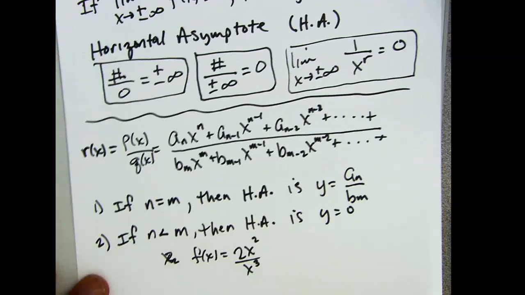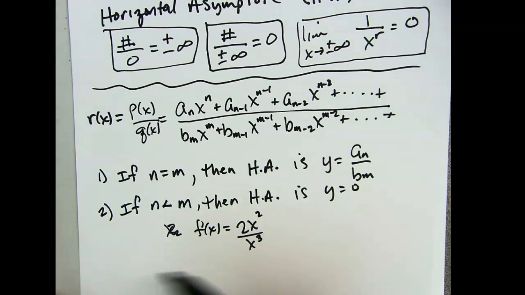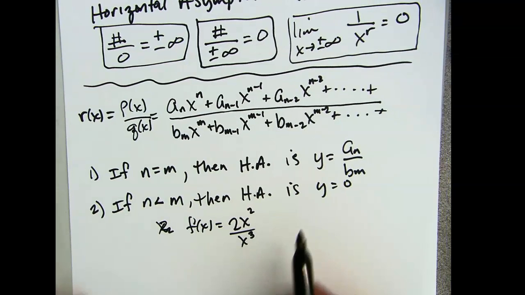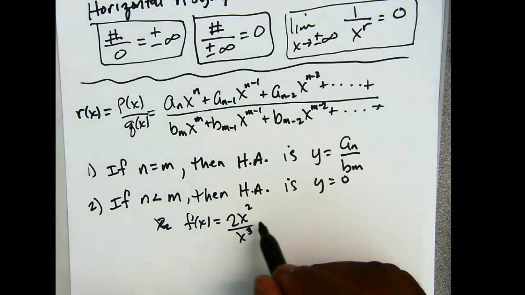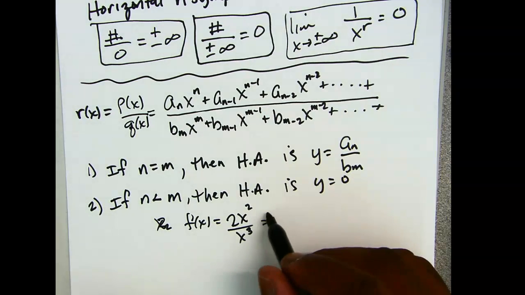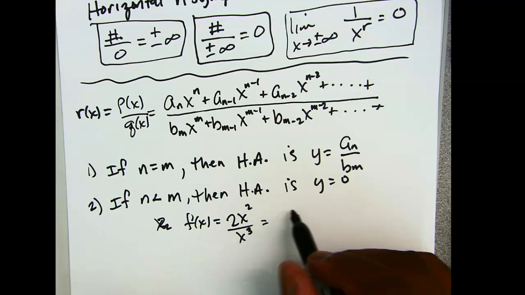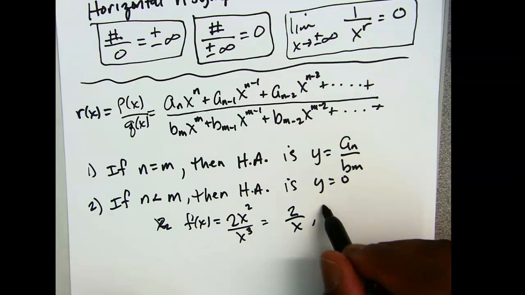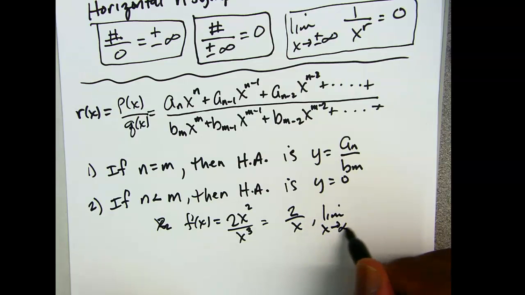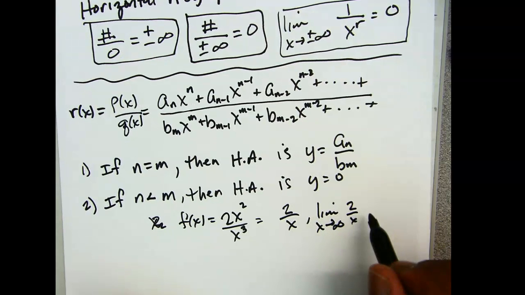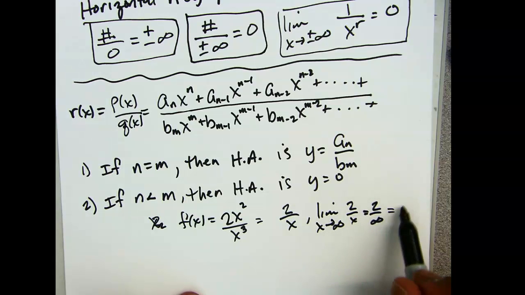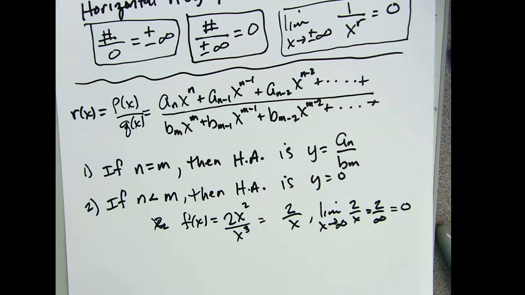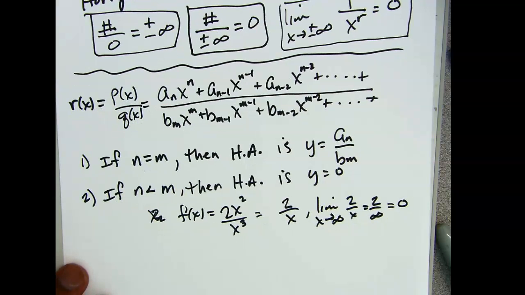So as x goes to positive infinity or negative infinity, the limit will give you your horizontal asymptote. So in this case, x squared divided by x cubed would be 1 over x. And think about the limit as x goes to infinity of 1 over x. You're going to get 1 over infinity, which is 0. So in this case, your horizontal asymptote would be 0.